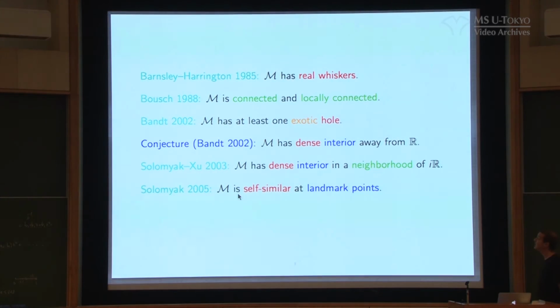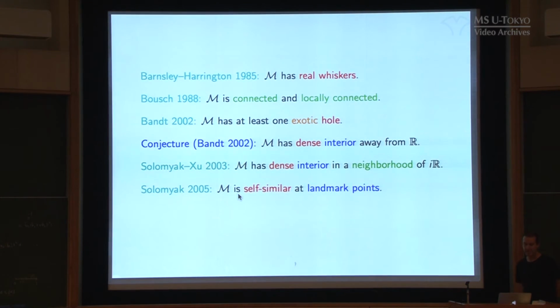But anyway, they did extensive computer experiments, and they verified this fact that this Mandelbrot set M has what I'm calling here real whiskers, meaning these real spikes that spike out into the interior, and at least in some neighborhood of the points plus or minus a half, the intersection of M with a little open neighborhood of that is totally real.